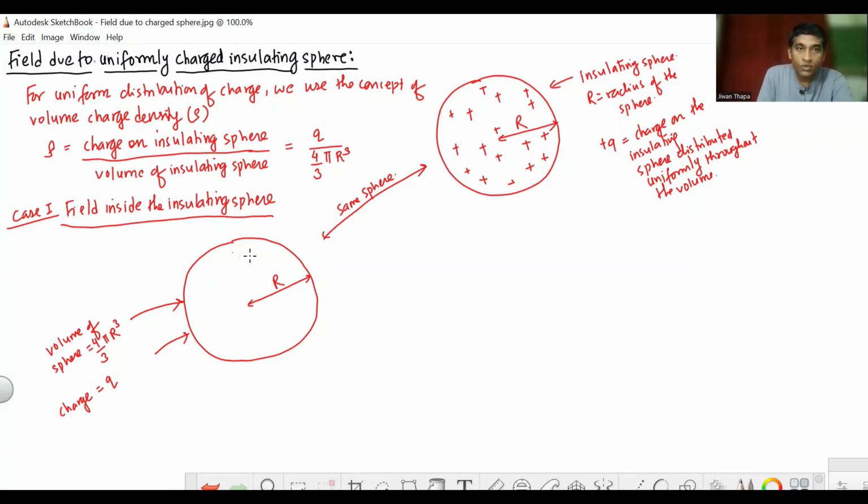Now we are going to apply Gauss law. In order to apply Gauss law, we must have a closed surface or Gaussian surface. So we need to choose a Gaussian surface inside this sphere.